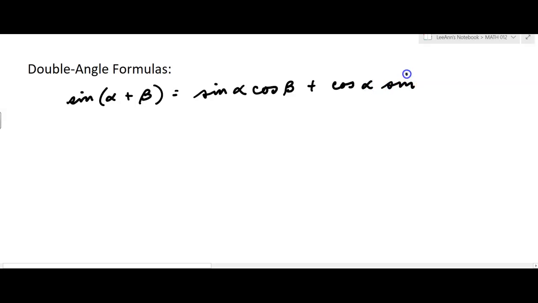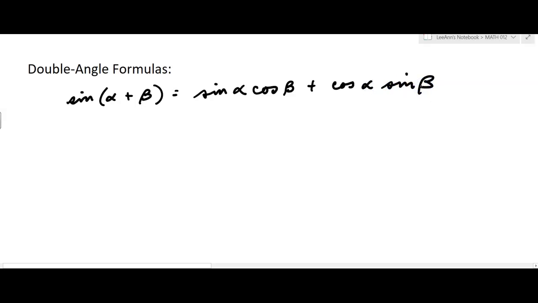Okay, so for the double angle formulas, this is what we have. There's 3 of them, and I'll just show you where they come from. So we know sine of alpha plus beta is equal to sine alpha cosine beta plus cosine alpha sine beta.